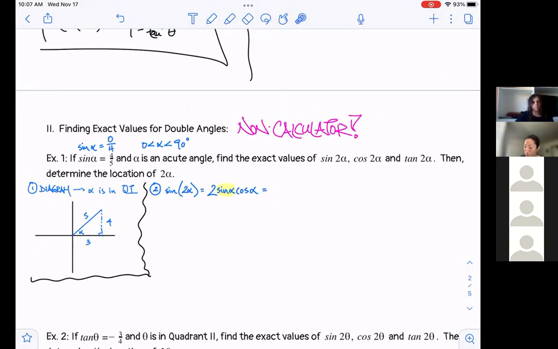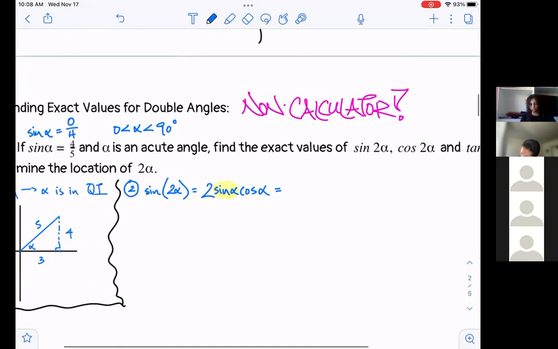And yes, I argue you can put in 4/5, right? Sine of the angle is the opposite over the hypotenuse, right? It's only the y value when we have a unit circle, right? In other words, if this hypotenuse were 1, then we could just say that it's the vertical side, okay? So I have a 2 here. I'm going to sort of think ahead and make this 2 into a 2 over 1. And everywhere I see sine alpha, I'm going to put 4 over 5.